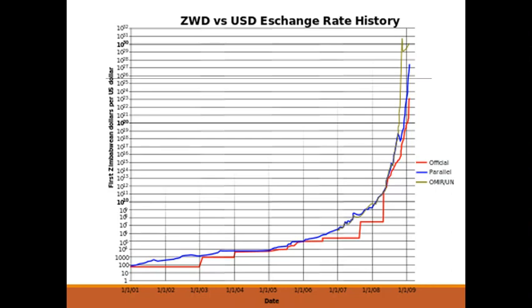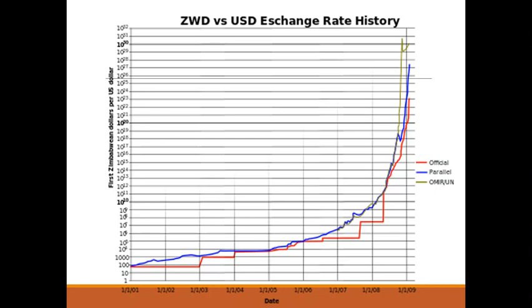And it's pretty clear that this is a pretty steep hockey stick. It starts relatively flat and then zooms up in the extreme at the very end. So this obviously indicates that there were a whole lot more Zimbabwe dollars per dollar in 2009 than there were in 2001.